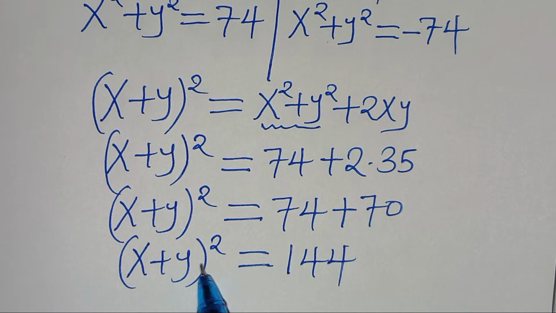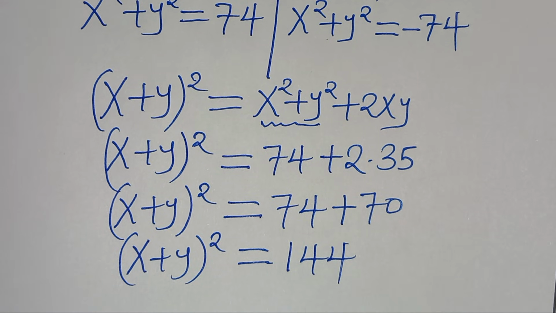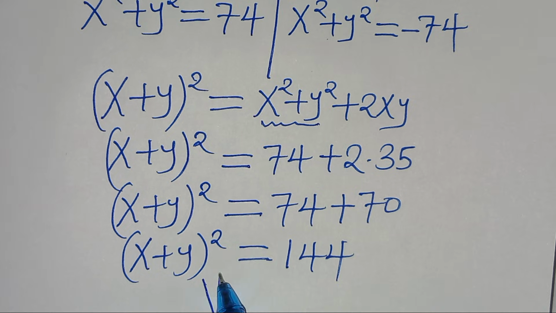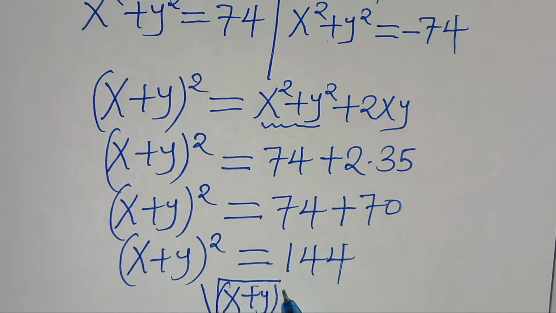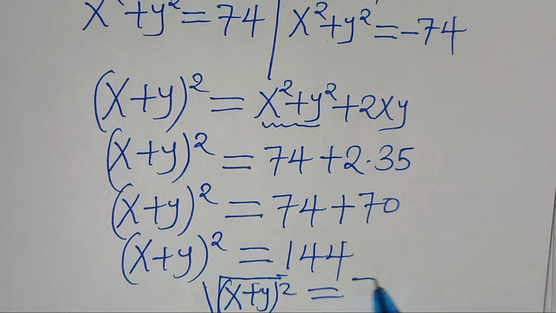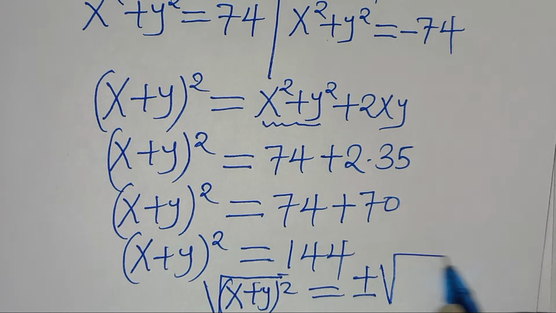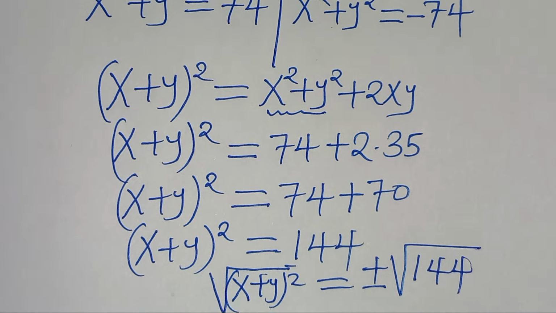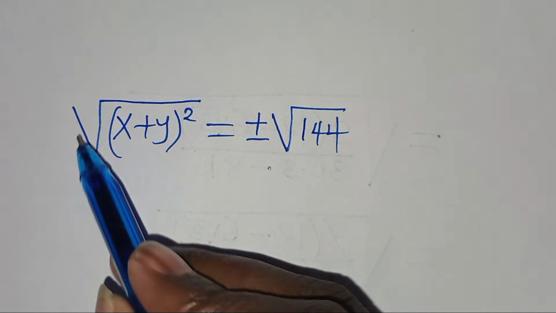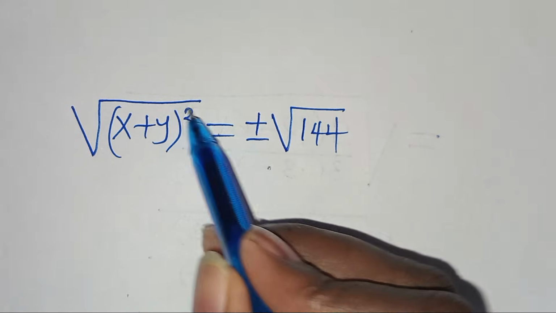So to solve for x plus y, we introduce square root on both sides, so that we have the square root of x plus y raised to the power of 2. This is equal to plus or minus the square root of 144. Now we have the square root of x plus y raised to the power of 2.